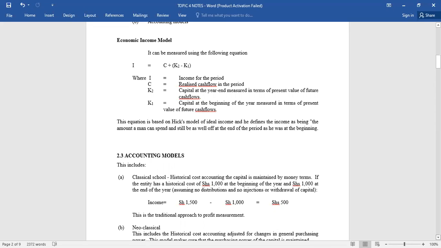It's either you are consuming or you are saving or you are not saving. All this gives us the value of income. The sum saved should be reinvested and earn some interest, and that's how we are able to discount the future cash flows at present. If that is not done, then that model will not work economically.